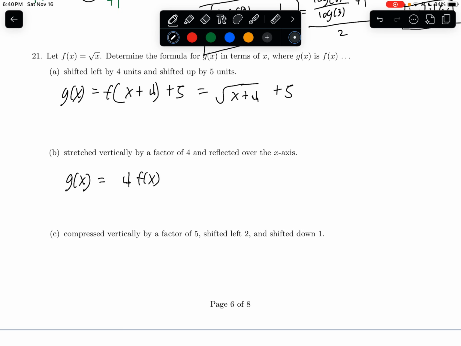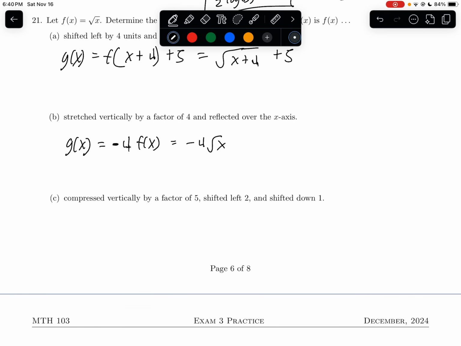And so it's 4 f of x. And then what about the reflection? If you want to move it across the x-axis, you have to multiply all of the outputs by -1. And so this is -4 f of x. The negative needs to be there. And f of x is a square root, so -4 root x.